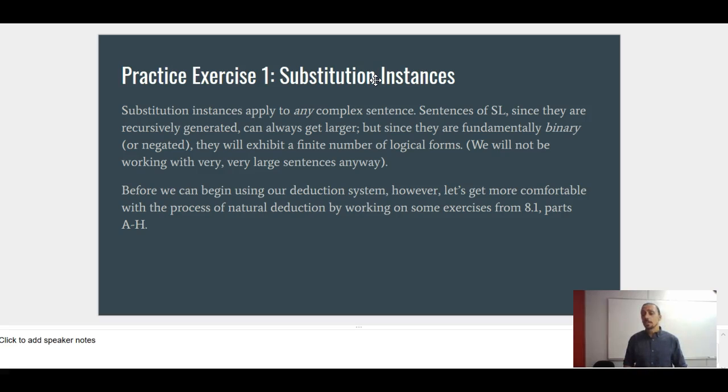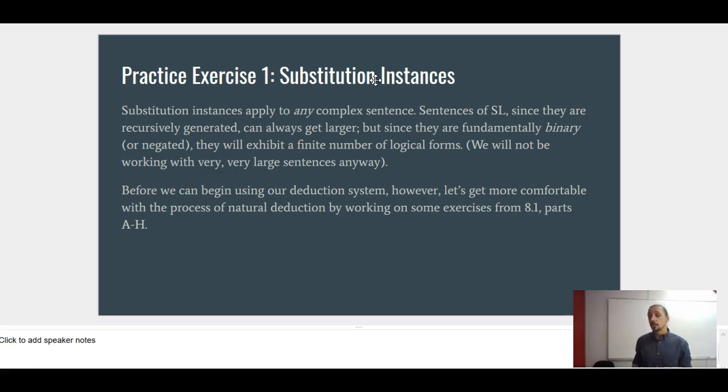At the end of the day, all sentences are going to be of a few basic types, no matter how complex they are. "If P, then Q" is one of those basic types. Now, P could be this very large thing, and Q could be this very large thing, but the main logical operator is always going to be the "if" in this case. So there are finite amounts of basic logical forms, even though there are infinitely many sentences.